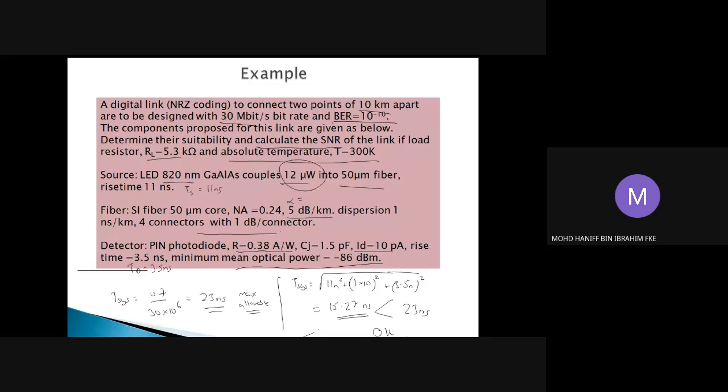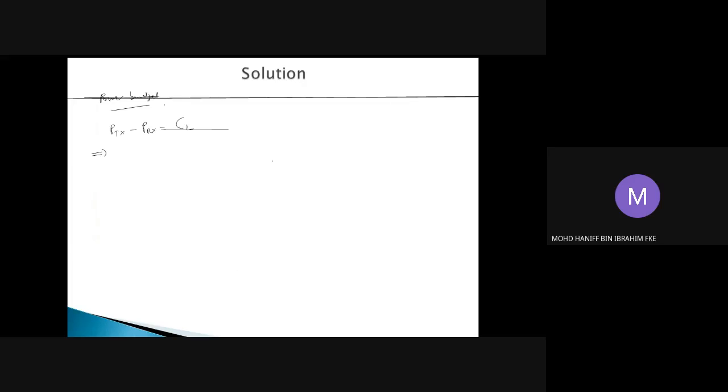You have to convert this into a dBm unit. So we have 10 log of 12 microwatt divided by 1 milliwatt. For this, you get your power in dBm, and that should be equal to negative 19.2 dBm.